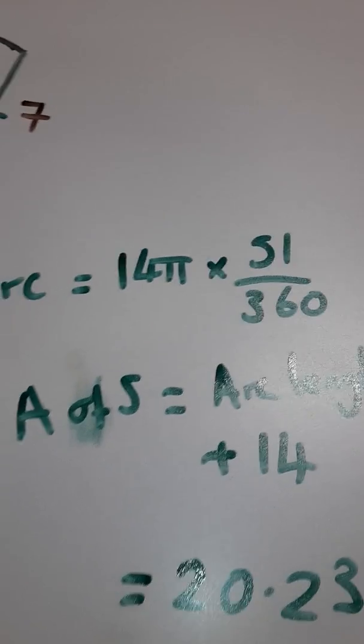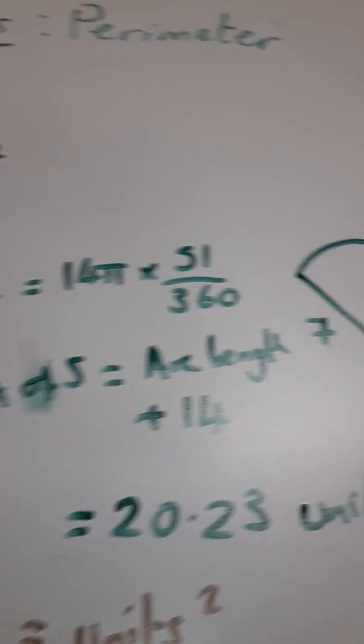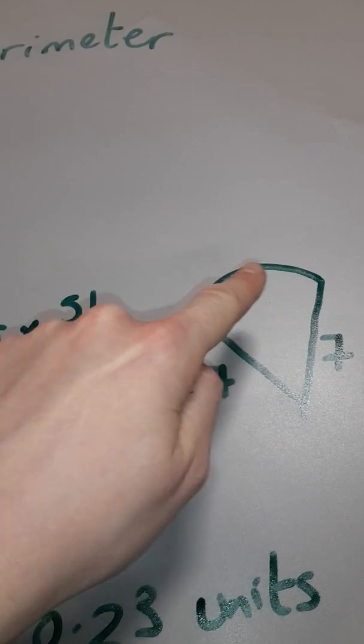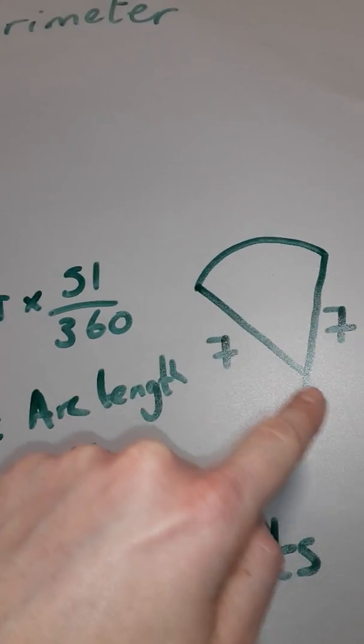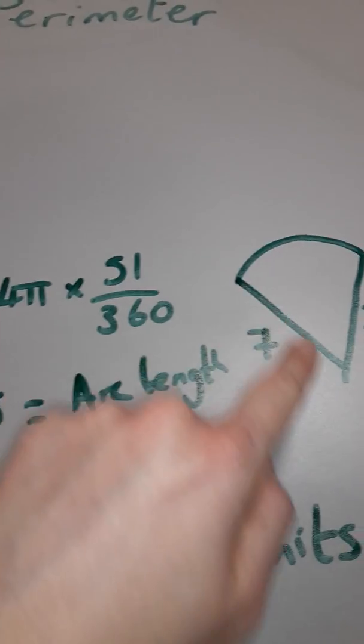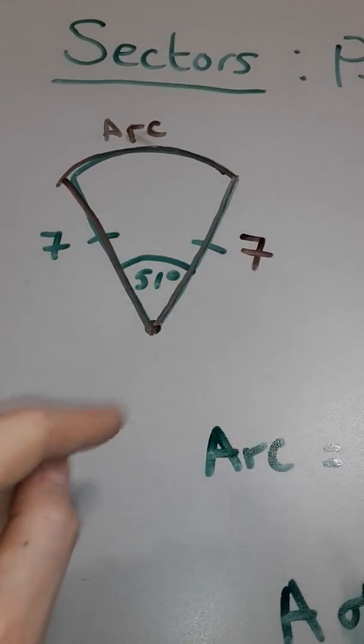And that looks like this. Then, once you've got your arc length, which is your curved bit on the outside, you need to close the shape to make it 2D by adding 2 radii, and those radii will always be the same length.